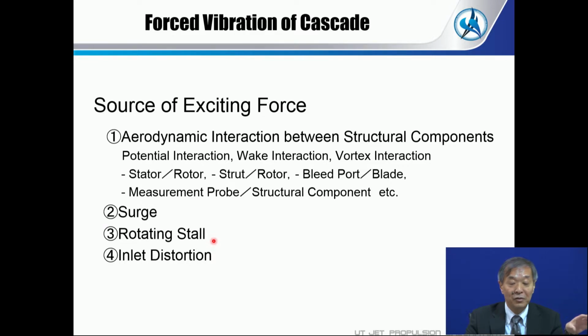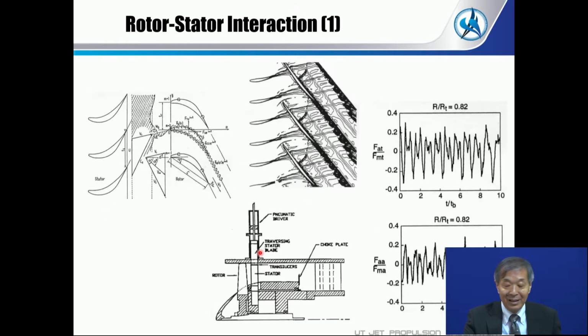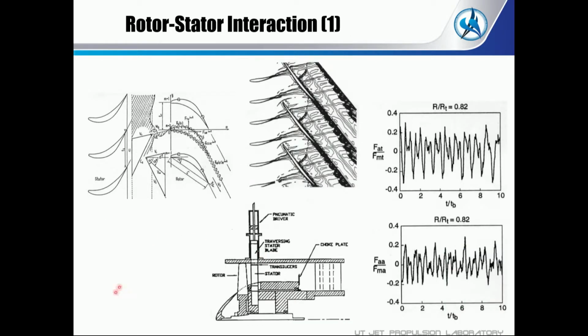This also has the exciting force. And if there is an inlet distortion, the rotor blade can experience the flow variation per one cycle. That is also a source of the exciting force. And the representative one is rotor-stator interaction.